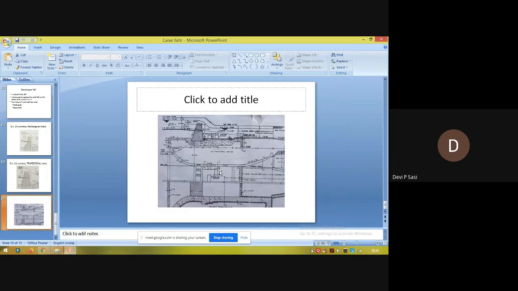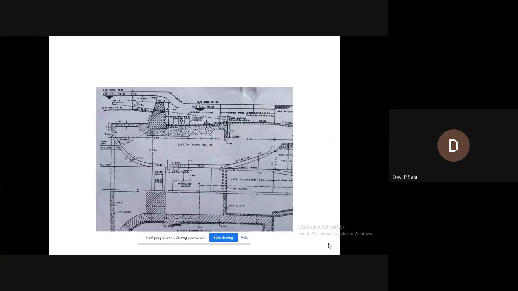You can also see Q blocks, which are at the downstream of the impervious floor. So it consists of friction blocks in the cistern or two rows of Q blocks just at the downstream of the impervious floor.